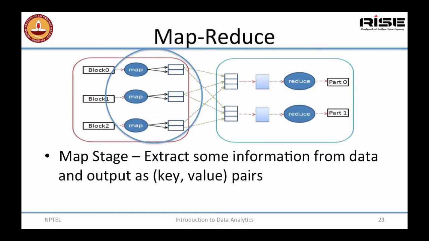So let's look at the MapReduce computing model. MapReduce, as you can imagine, consists of two stages: the map stage and the reduce stage, and in between there is a group and redistribute phase.